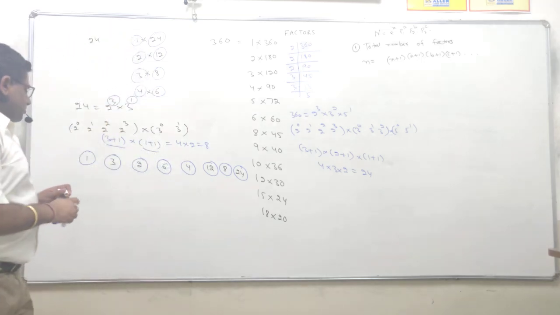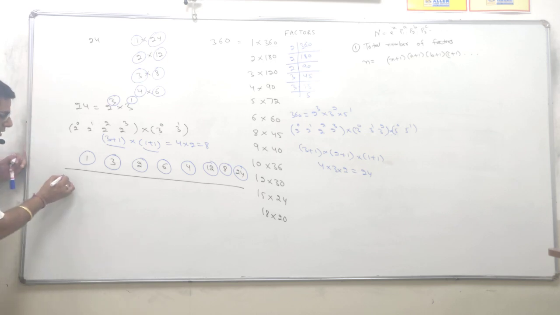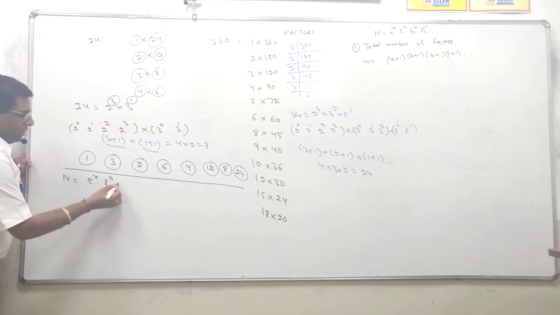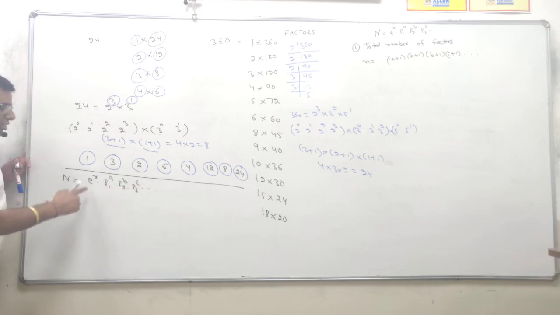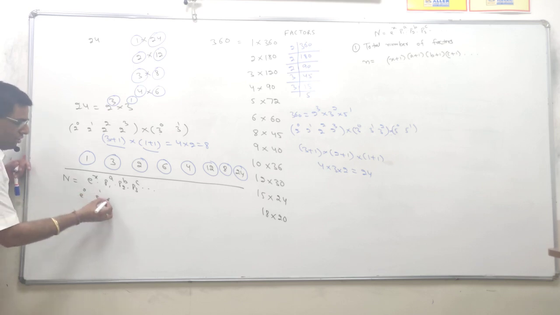Otherwise, I am writing here: n is e raised to power x, p1 raised to power a, p2 raised to power b, p3 raised to power c, and so on. We can choose any factor from e raised to power x, likewise e raised to power 0, e raised to power 1, e square.